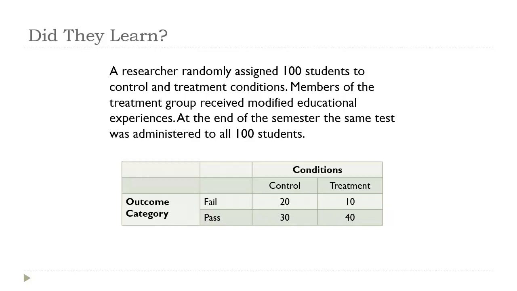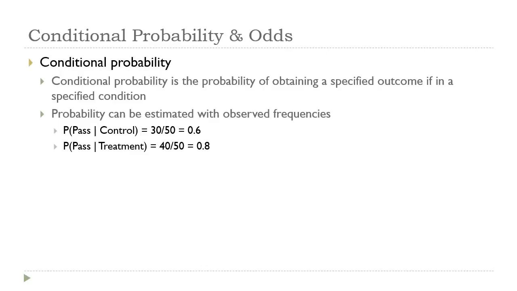Let's look a little more closely at the statistics that we commonly use in logistic regression to discuss these kinds of outcomes. We use conditional probability, and even more commonly, we use odds. Conditional probability is the probability of obtaining a specified outcome if you're in a specified condition.